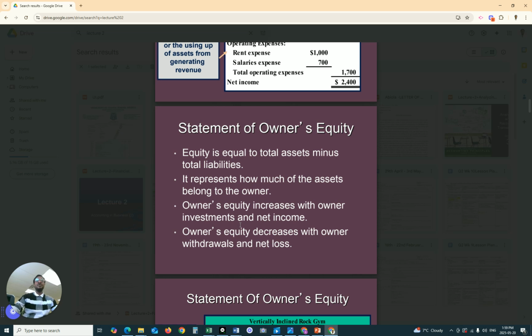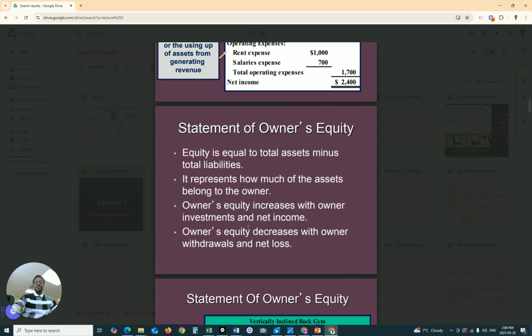The proportion of the owner's stake in a business is equity. So it represents how much of the assets belong to the owner. Owner's equity increases with owner's investments and net income. So when there is net income, equity increases. When there is net loss, equity reduces. Owner's equity decreases with owner's withdrawals and net loss.